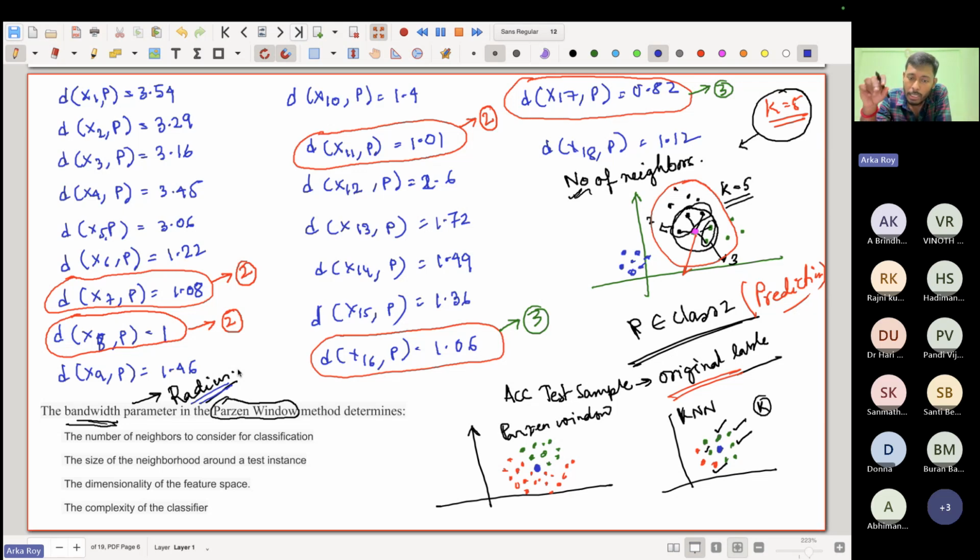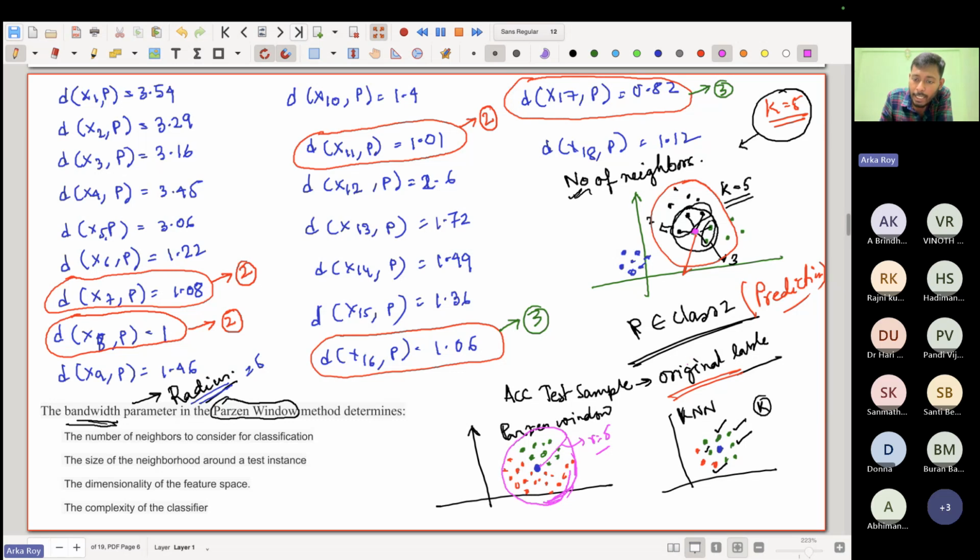If I consider this bandwidth parameter equal to 5, that means the radius around this particular point is 5 units. So I will consider a circle with radius equal to 5. This is a circle with radius r equals 5, and whatever number of data comes under this particular circle, I have to consider all of them.